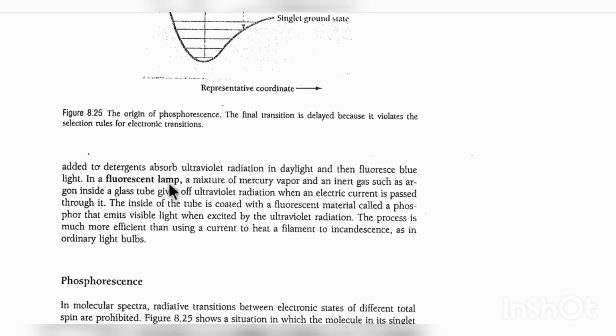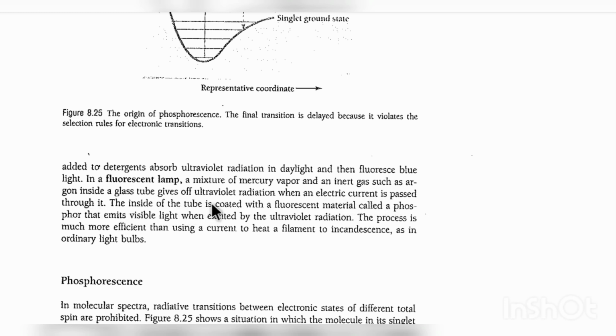Fluorescent lamps contain a mixture of mercury vapor and an inert gas such as argon inside a glass tube, which gives off ultraviolet radiation when an electric current is passed through it.